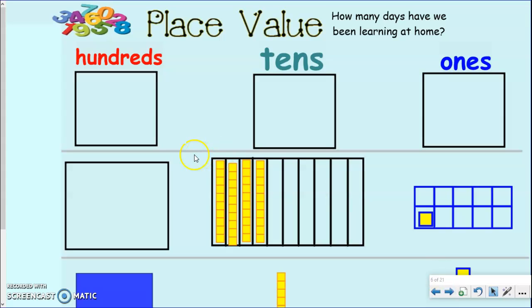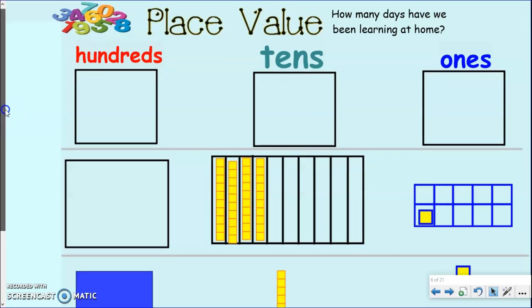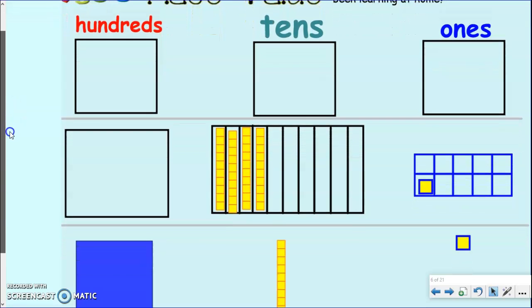Okay, how many days have we been learning at home? In order to figure that out, we need to add 1 to our ones place. So we'll put that there. Now we need to count how many are in our ones place. 2, so we need to write a 2 up here to make our big number. And how many are in our tens place? 1, 2, 3, 4.